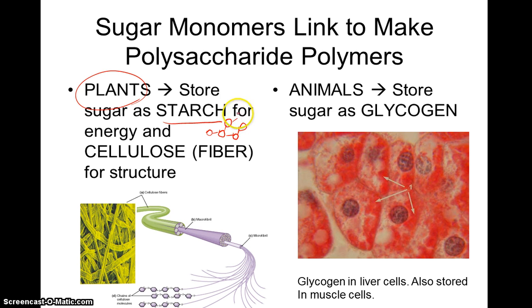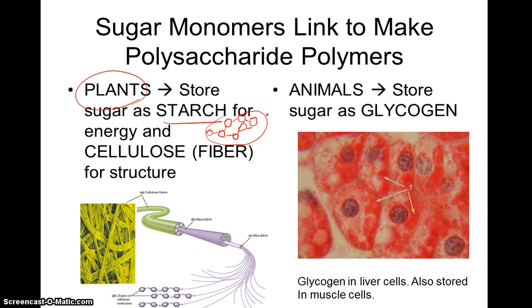It's a really, really big type of molecule, thousands of monosaccharides bonded together. Starches are mainly found in the roots of plants, and this is how they store energy for the future, in case it's not so sunny in the next few days. They can pull from their starch reserves and get their energy that way.